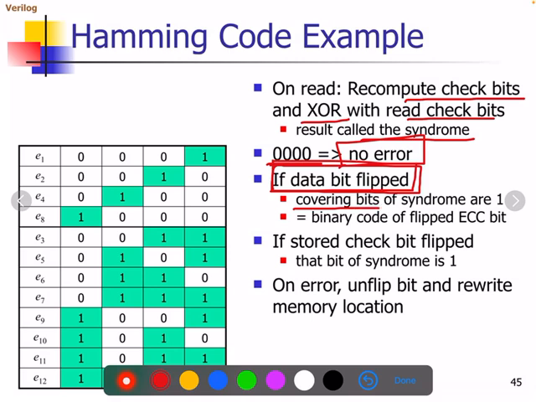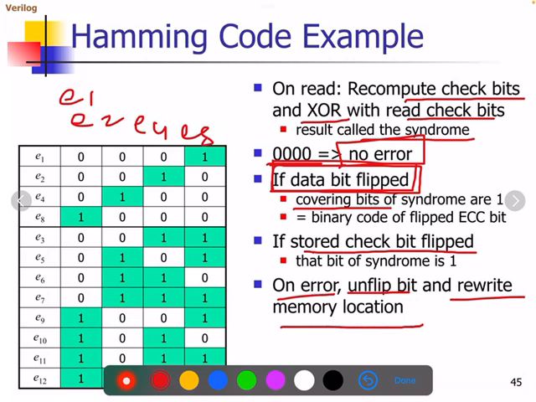So we change the data bit which has got flipped. This bit which has got flipped, we store it again by changing the value. So on error, unflip the bit and rewrite the memory location. Using the check bits E1, E2, E4 and E8, we compare them with the data, and if the syndrome we get is 0000, it means no error.